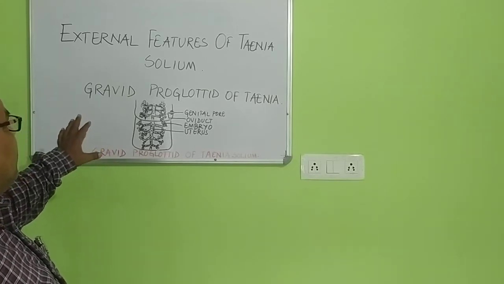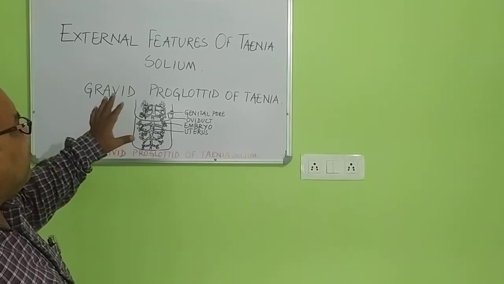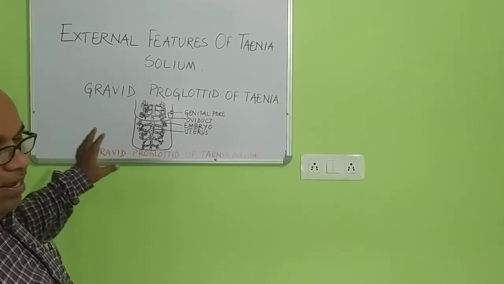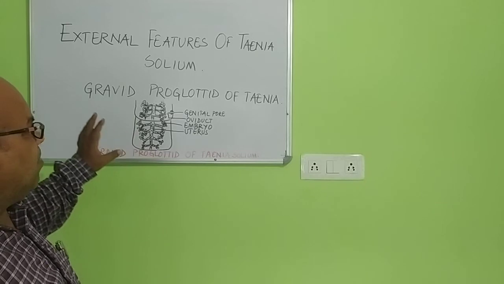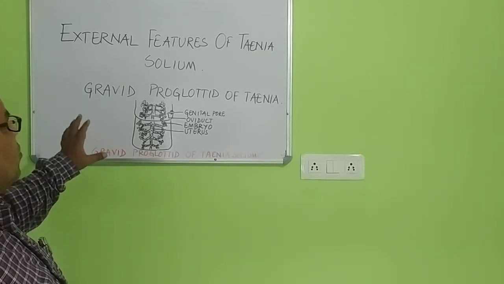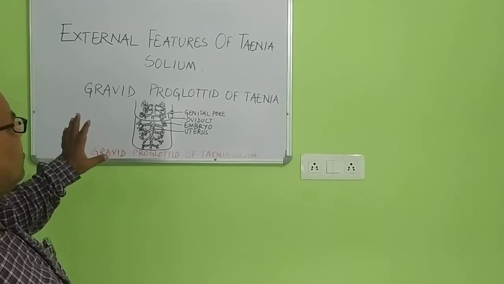Those segments are called Gravid proglottid segments, and today I shall narrate the outward or external feature of this portion of the Taenia solium.